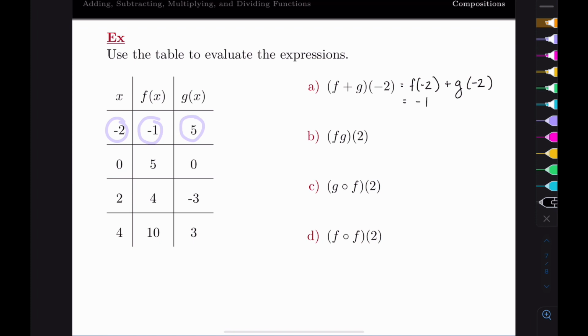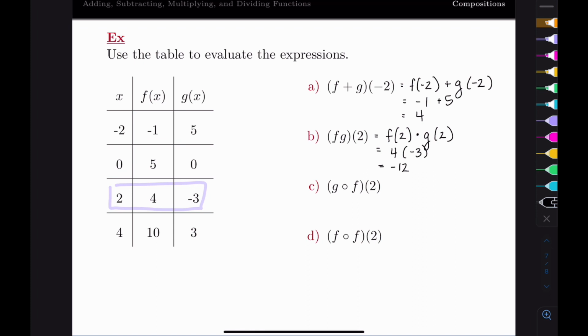So this is really -1 plus 5, which then we add together and it gives us 4. For the second example, this is really, again, multiplication. So this is saying take f of 2 and times it by g of 2. So using our chart, when x is 2, f is 4, and g is -3. So this ends up equaling -12.